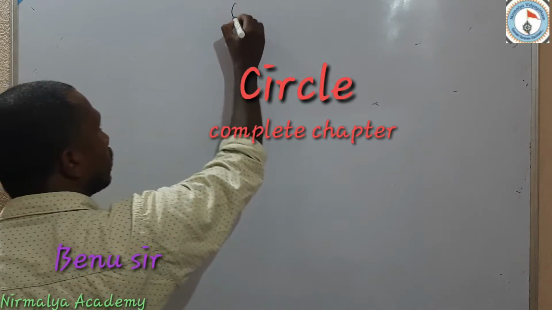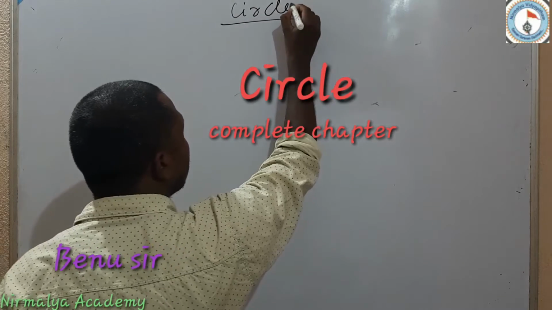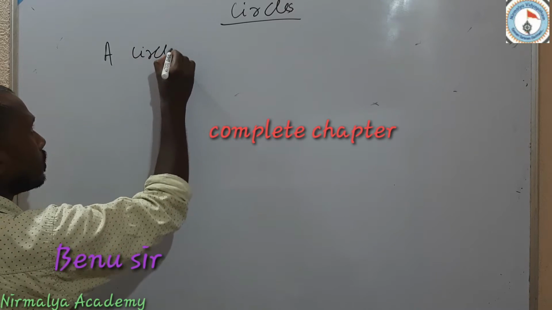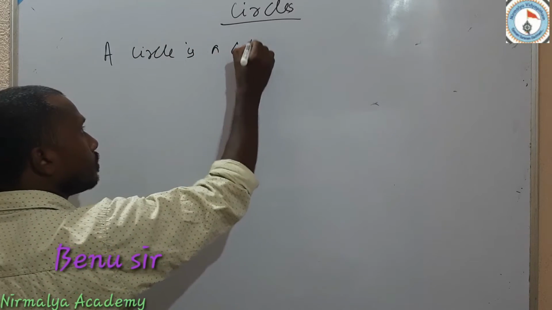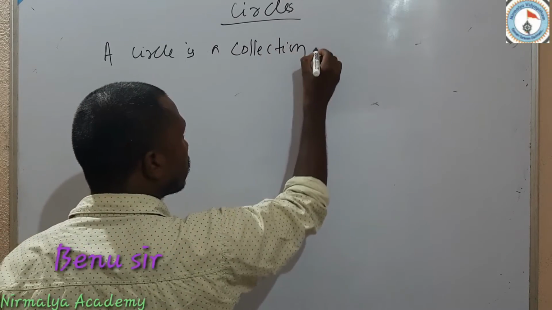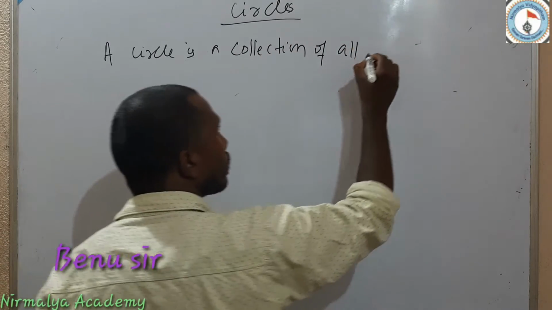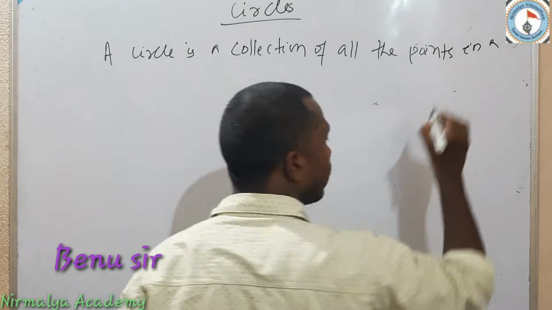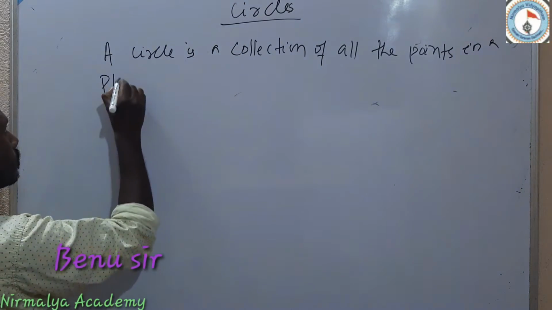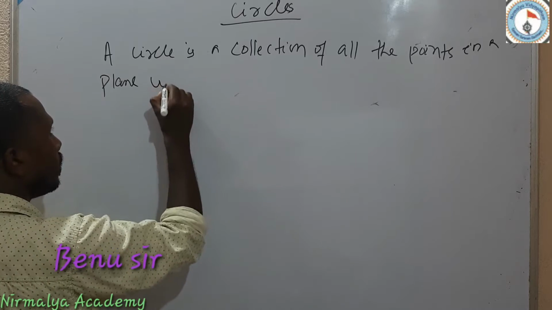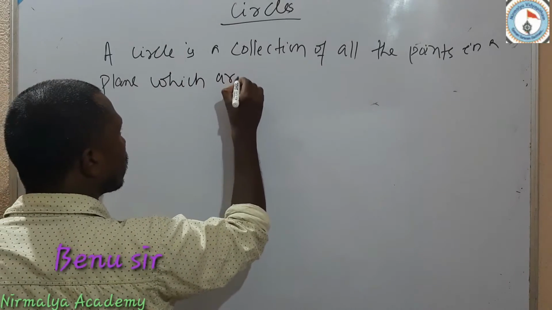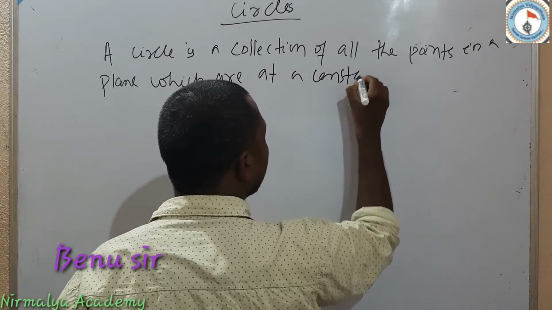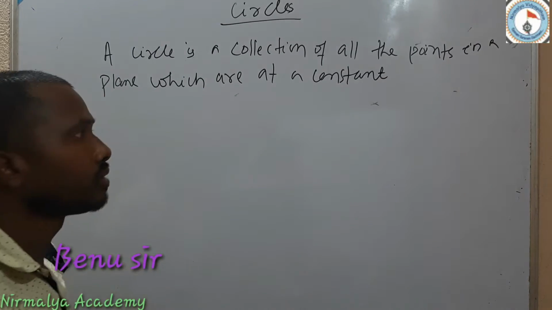You have already learned in class 9 that a circle is a collection of all the points in a plane which are at a constant distance from a fixed point.